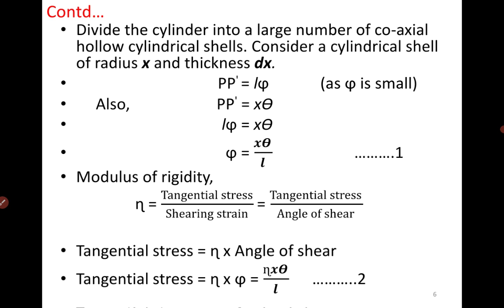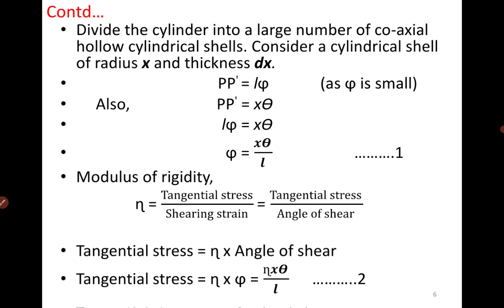Consider a cylindrical shell of radius x and thickness dx. As we know, PP dash is equal to L phi from one diagram, and from another diagram PP dash is equal to x theta. Therefore, L phi is equal to x theta, or the angle of shear phi is equal to x theta by L.